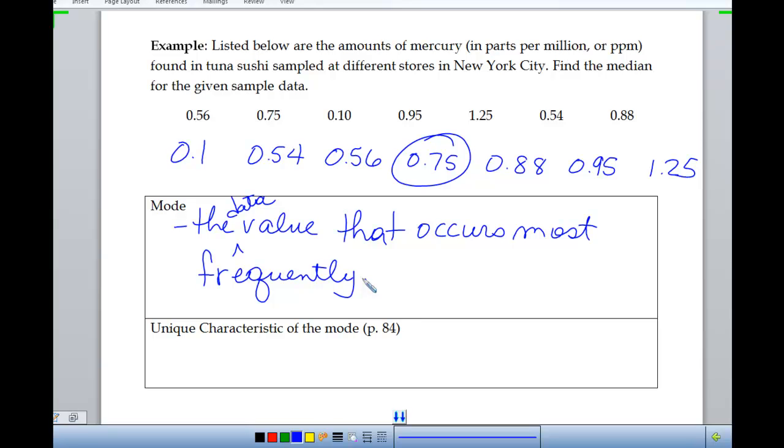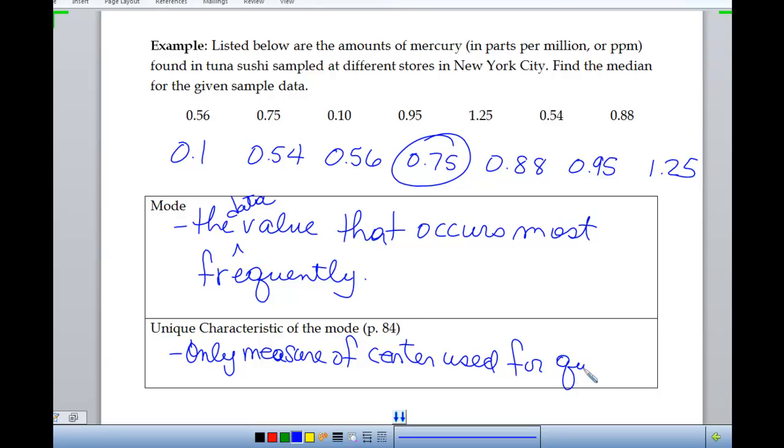A unique characteristic of the mode is that it's the only measure of center used for qualitative data.